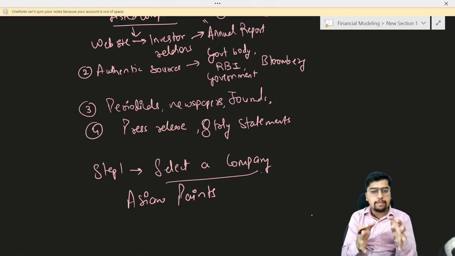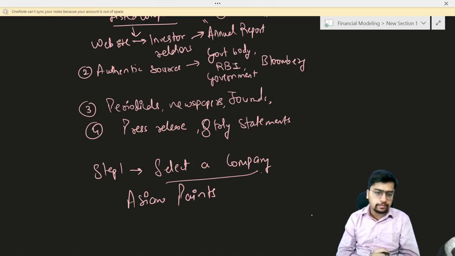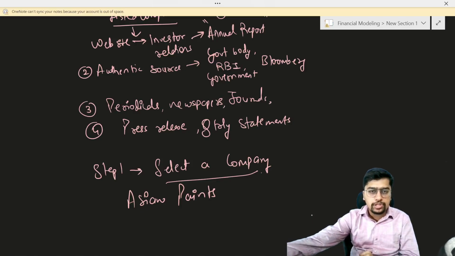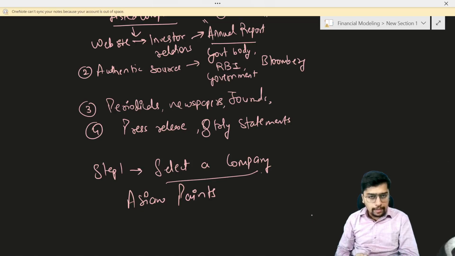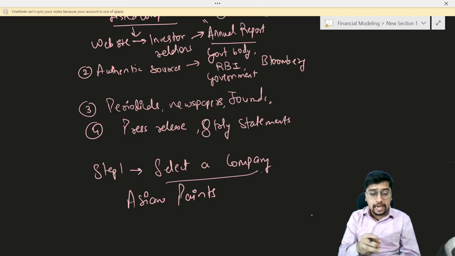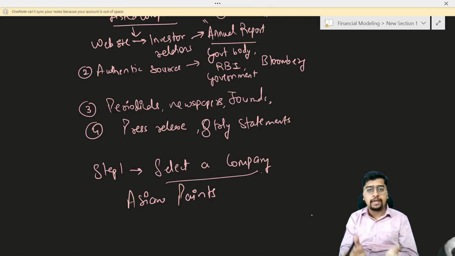If you want to select the same company, we can work together. Okay. So complete your step one at the end of this session. Select a company. When you're selecting, go through their annual reports, check it for the last 2, 3, 4 years at least, and see in how many segments they are working, see in how many economies they are working, and then select a company which has fewer economies and fewer segments so that you will understand it more clearly.